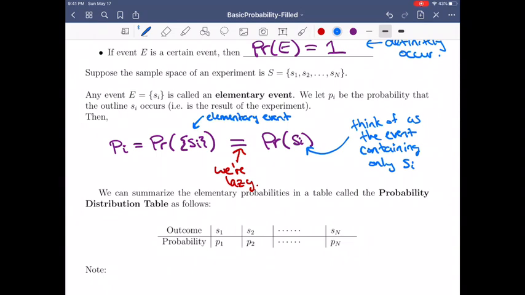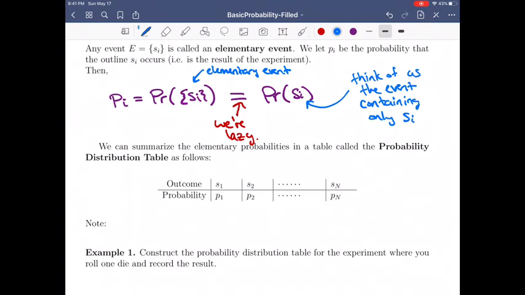One thing that we often use to summarize the elementary probabilities, so the probabilities associated with elementary events, is the probability distribution table. This is what it looks like. Now I drew it horizontally, it takes up less space that way. You could draw it vertically if you prefer, it doesn't matter. The main points are that it has a row or column that contains all of the outcomes.